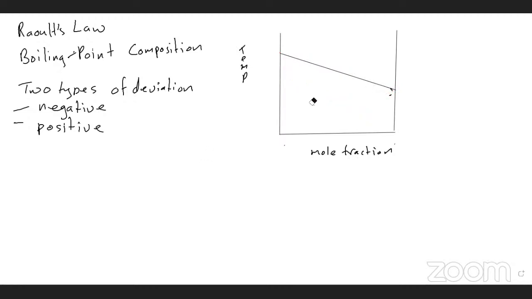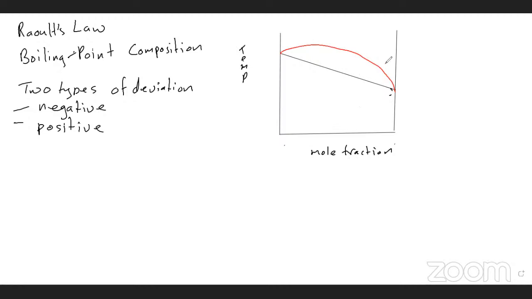Sorry, I mixed myself up. So for boiling point, negative deviation is above the line.